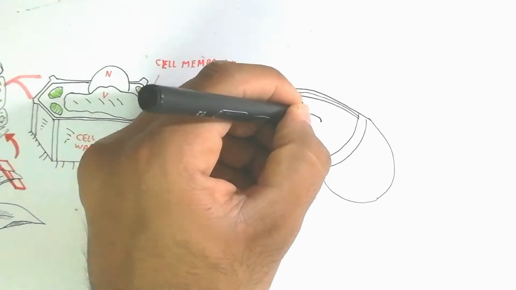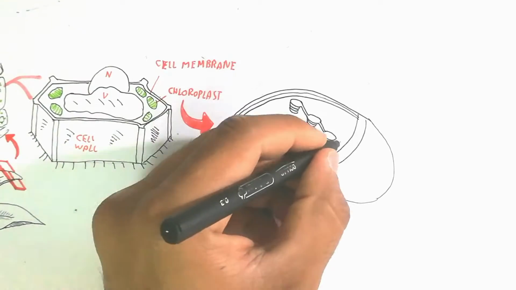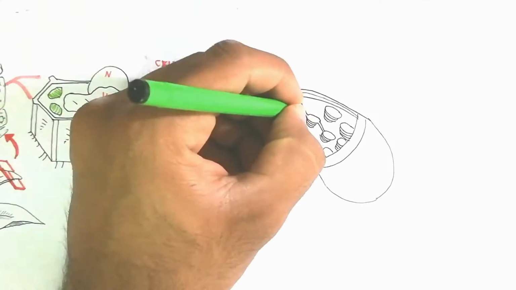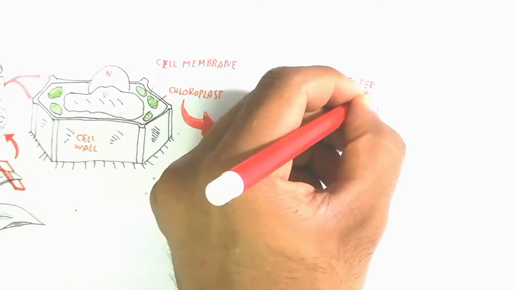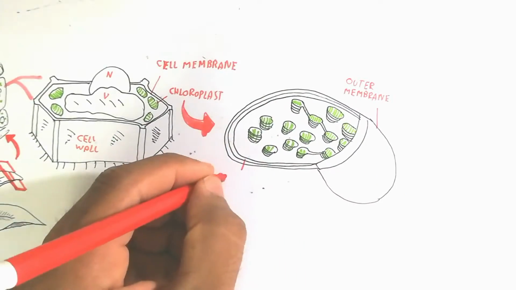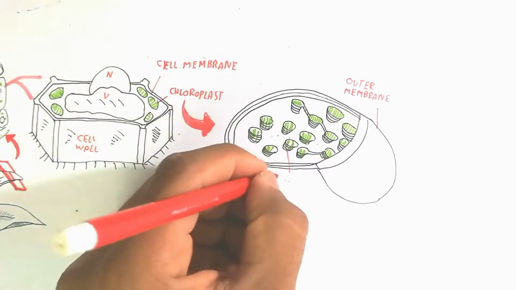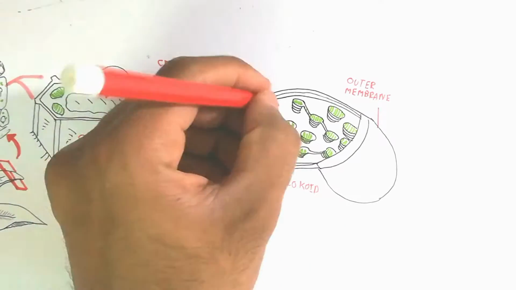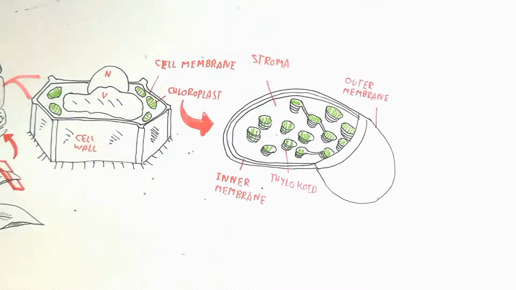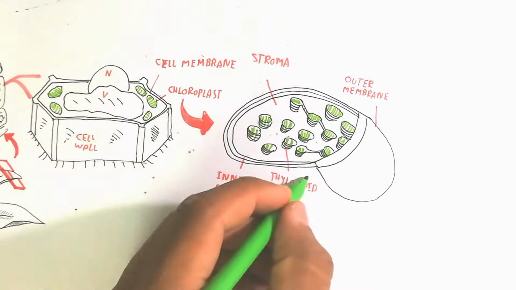The chloroplast contains thylakoid membrane, which forms the granum, plural grana. Here is the outer membrane and the inner membrane, and inside the outer and inner membrane the thylakoids are present, and the stroma, within which the thylakoids are floating.